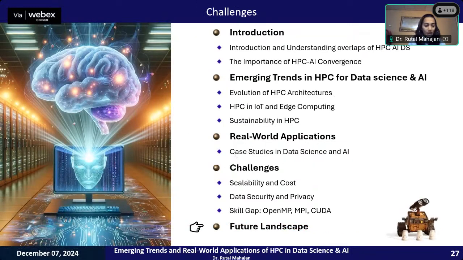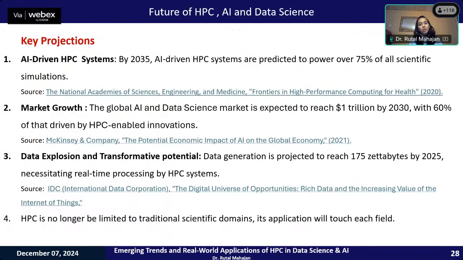So at the end, what we can say about the future of HPC, AI, and data science. I would like to focus on some of the key projections, like on AI-driven HPC systems. By 2035, AI-driven HPC systems are predicted to power over 75% of all scientific simulations.